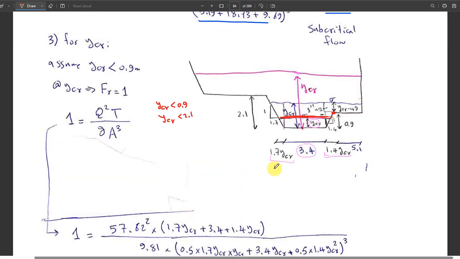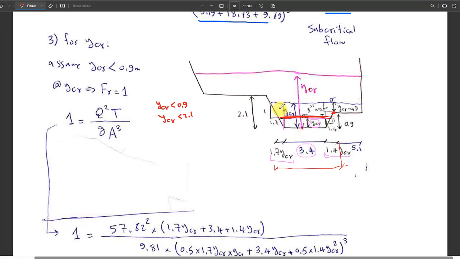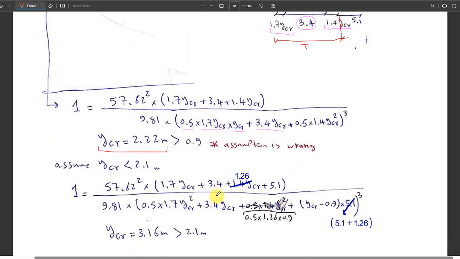By the way, for t you take this summation, up to here, from the top, from here this one is t. And therefore, this is t. Yes, that is t. So we got the answer 2.22.